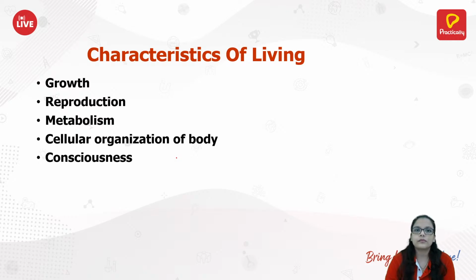If you have some of them, it does not mean that a particular thing is living or non-living. Like growth you can see in a non-living object also. We'll be talking about this as we move on, but if you have one of these characteristics or if you don't have one of these characteristics, it doesn't mean that you can point a thing as living or non-living.